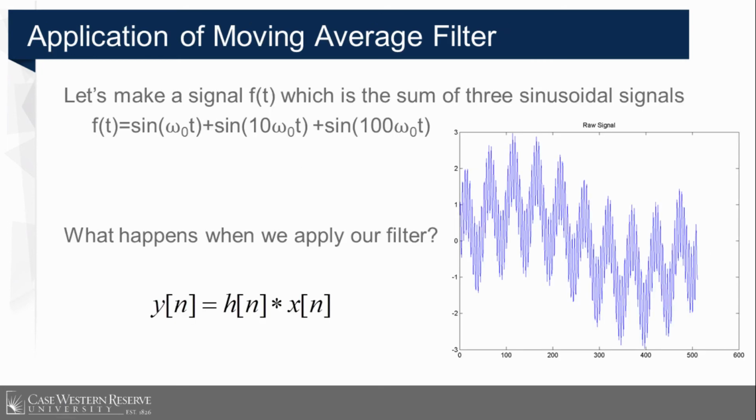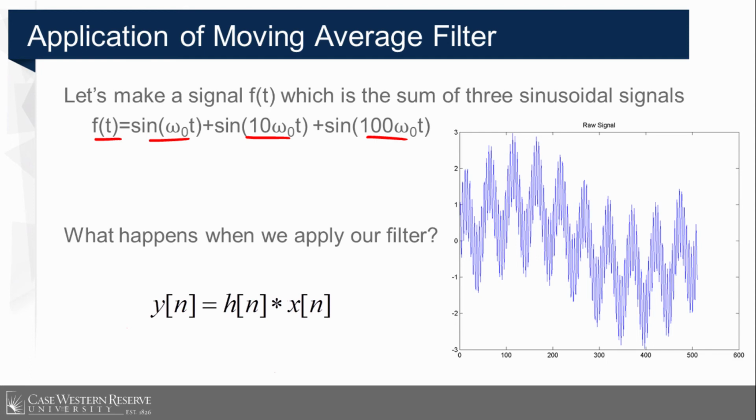Okay, so let's apply our moving average filter to some actual data. So I've made a signal here, f of t, which is the sum of 3 different sinusoidal signals with different frequencies. So here my f of t is sine of omega t plus sine of 10 omega t plus sine of 100 omega t. So we have this very low frequency component, a medium frequency component, and a high frequency component.